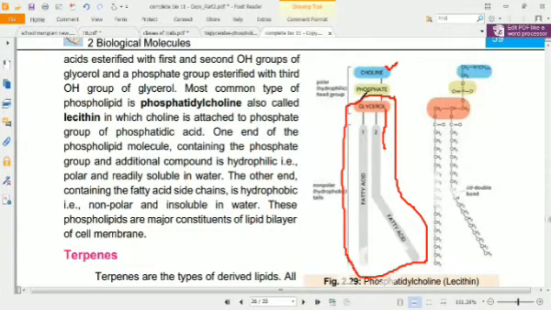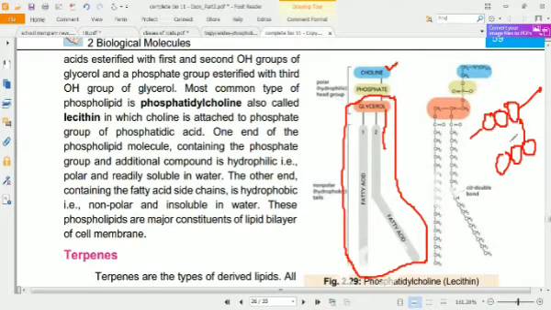You can see this structure, that is a phospholipid, and this phospholipid is the main constituent of plasma membranes, if we remember the fluid mosaic model. Here are the long chains.